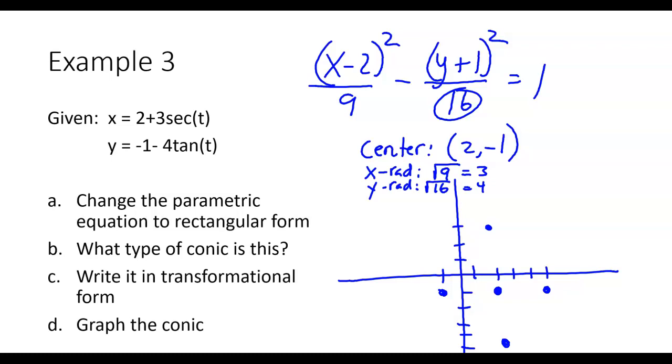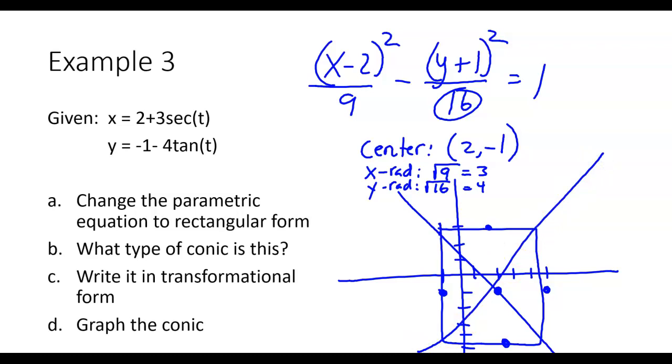Now, unlike the ellipse where we would connect these dots with a circle, for the hyperbola we connect these with a box. We draw our diagonals, and then we have to decide: is this a hyperbola that's going to be on the top and bottom, or will it be on the left and right?